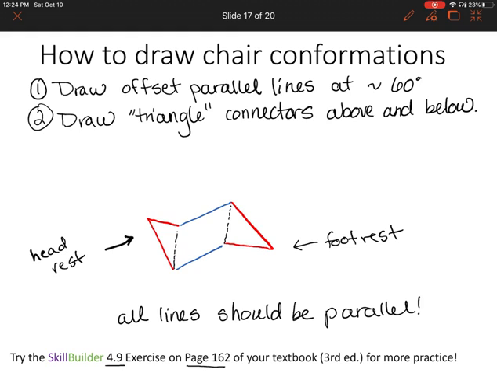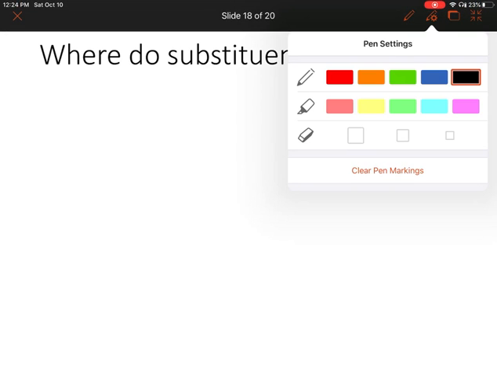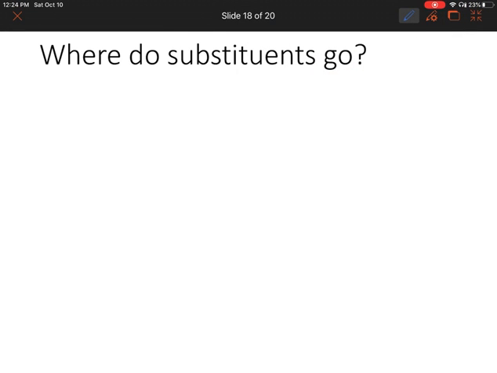Okay, so then where do substituents go? So you already saw me go through each of the hydrogens and drawing those, but let's go through that in more detail. Let me redraw the chair conformation that I just drew on the previous slide, and you can practice along with me. I'm going to try to draw parallel lines here.